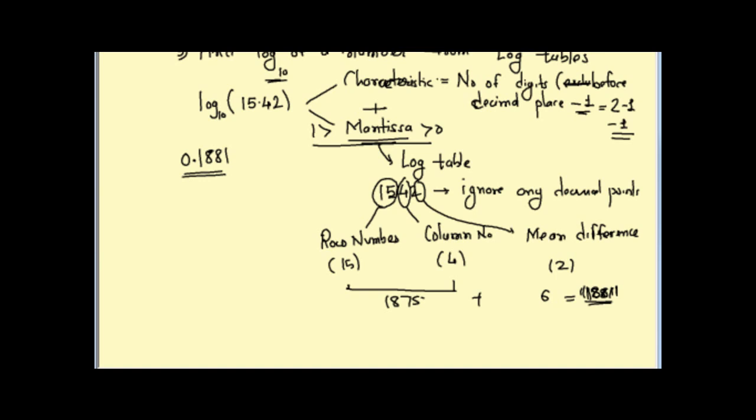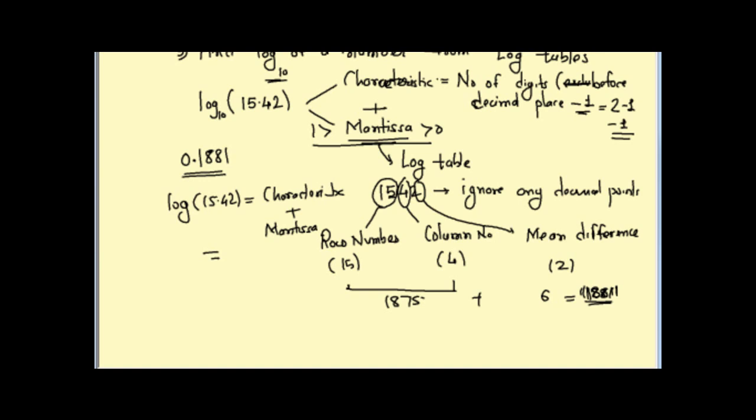So the log of 15.42 is equal to the sum of characteristic and mantissa.